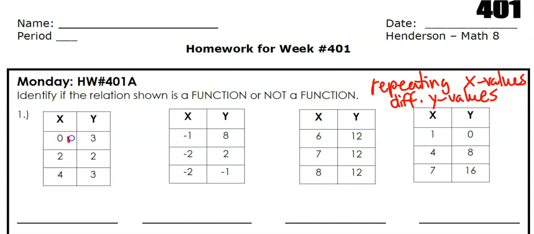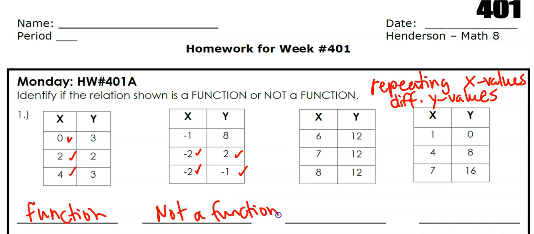So here in the first table, we have all unique x's, so that one is a function. In the second table, you'll notice that we have a repeat with the -2 here, and it has a different output. So that is not a function, because it has a repeating x value with a different y value.